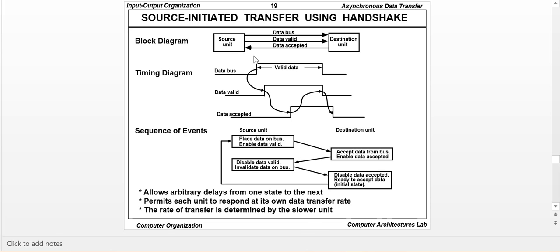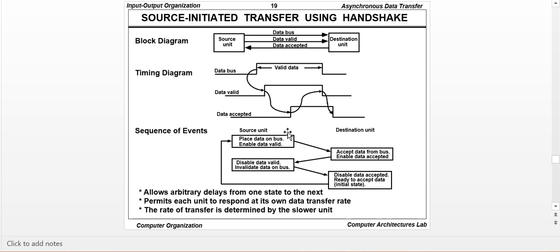So here, the advantage of this is that it allows arbitrary delays from one state to the next. When there is a delay in transfer, the one unit will just wait for some time till the full data.